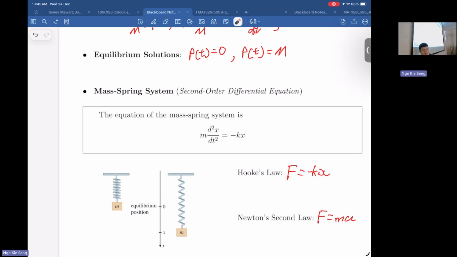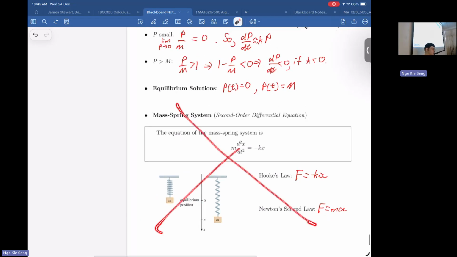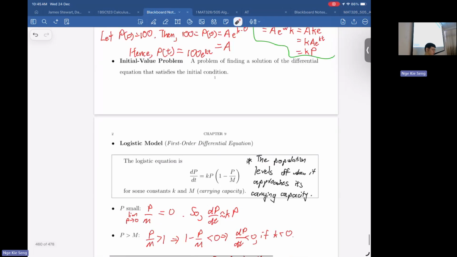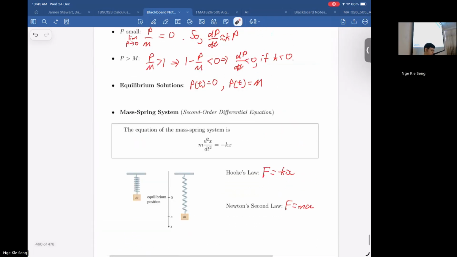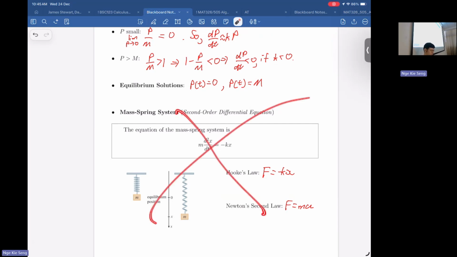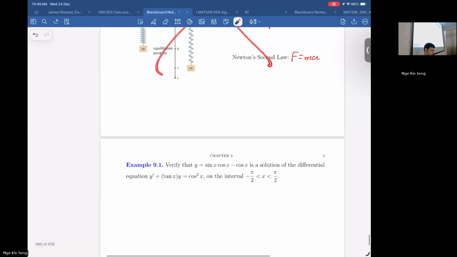This is a second order equation, but in our course for now, we won't see these kinds of examples. Mostly we will just see first order. This is not what we're going to see for this course.